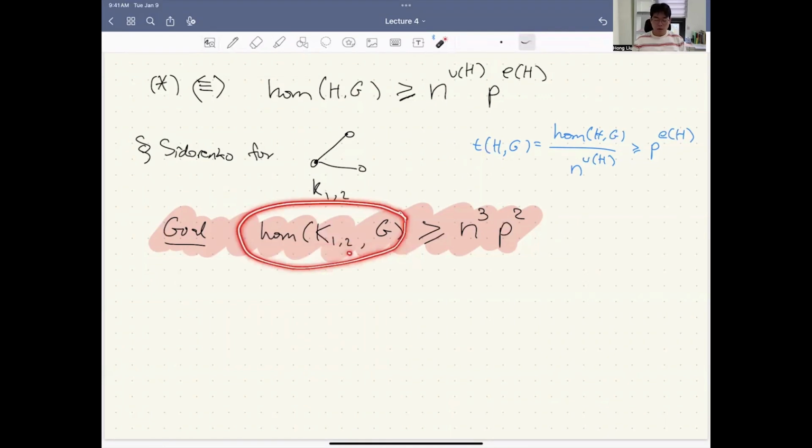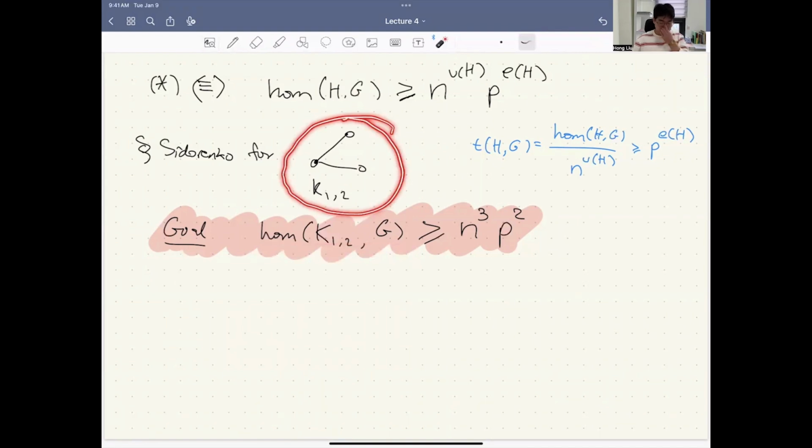In this case, we don't have to uniformly sample, because we are proving a lower bound. If we come up with some distribution, some random K_{1,2} in G, then the entropy of this random K_{1,2} in G is at most the entropy of a uniformly chosen one, which is the log of the number of homomorphisms.